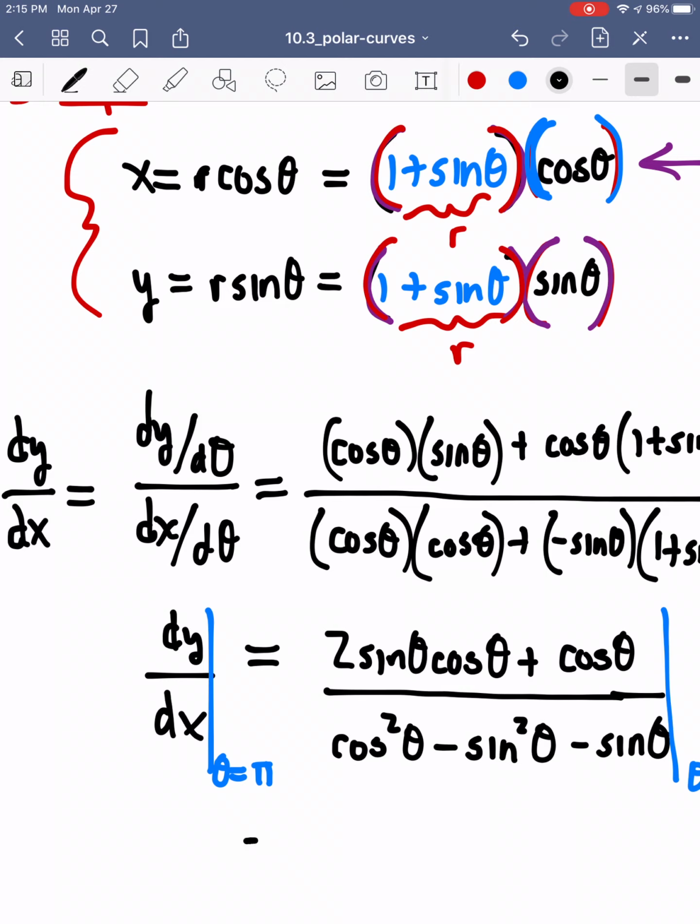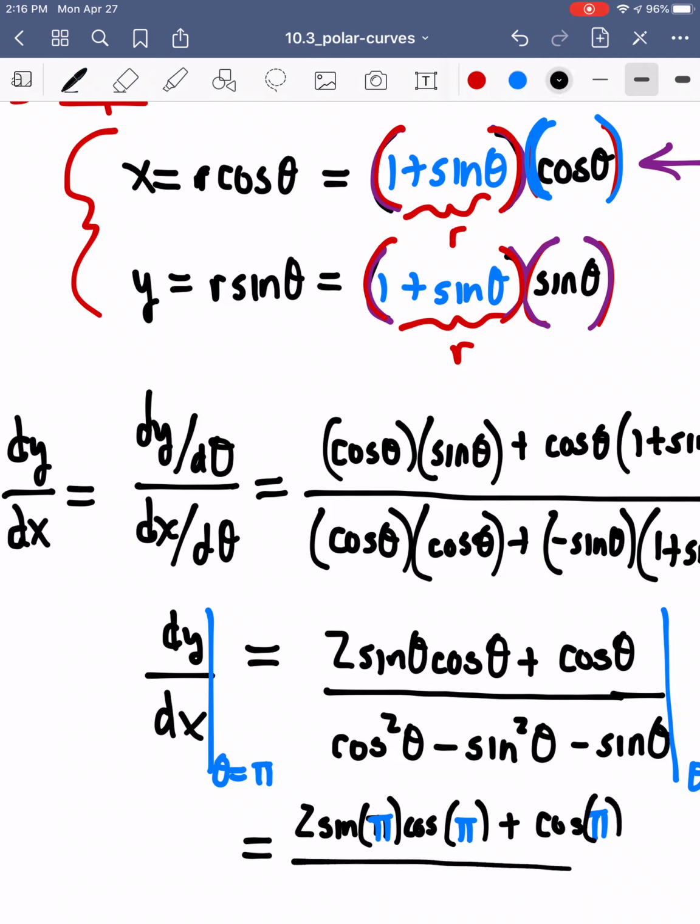So if we evaluate this derivative now at pi, we have 2 times the sine of pi times the cosine of pi plus cosine of pi, all over cosine squared of pi minus sine squared of pi, or sorry, minus sine of pi.